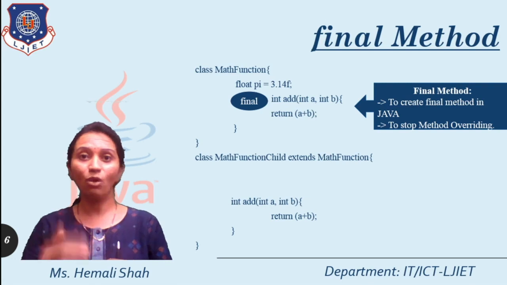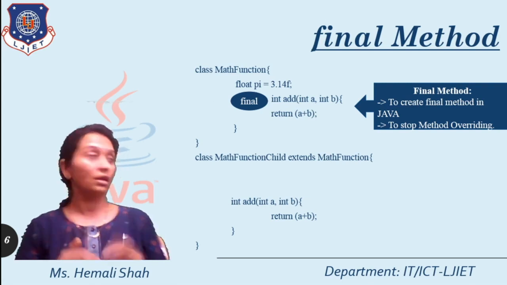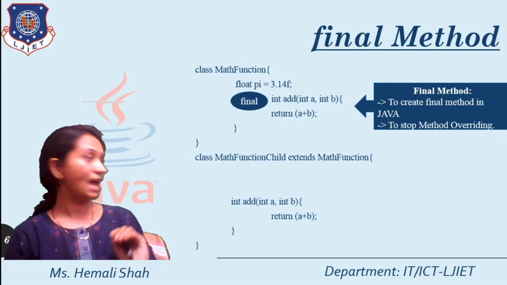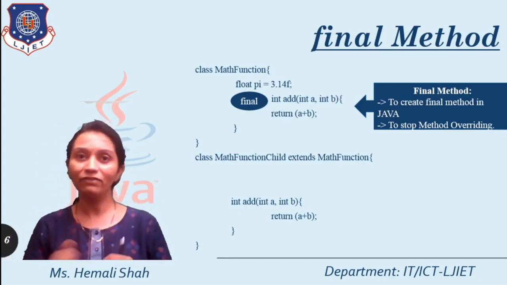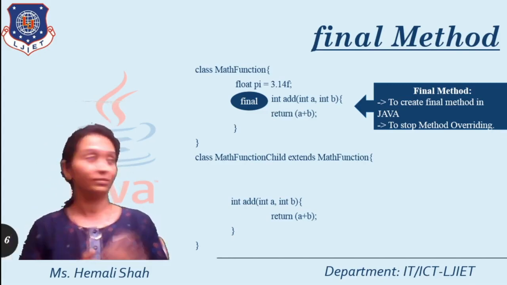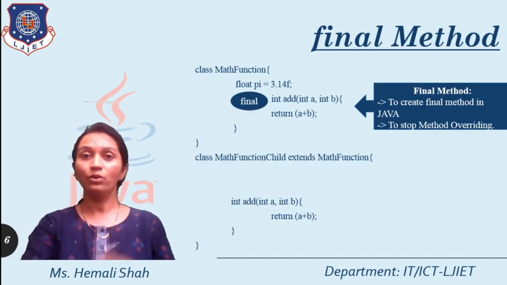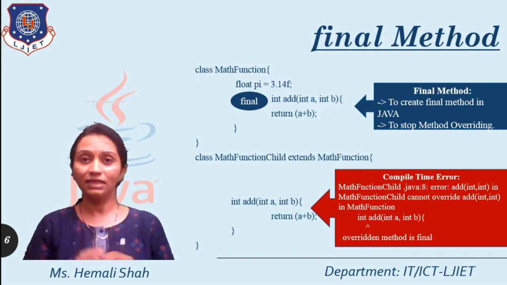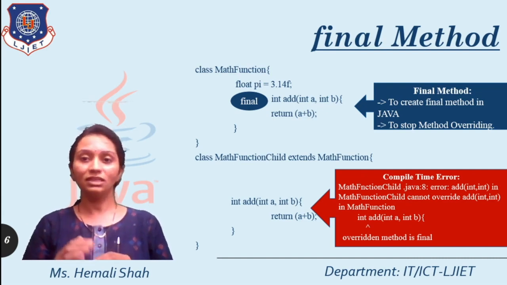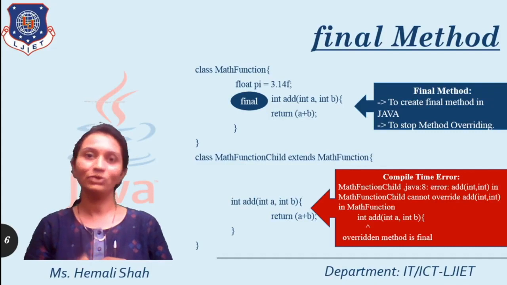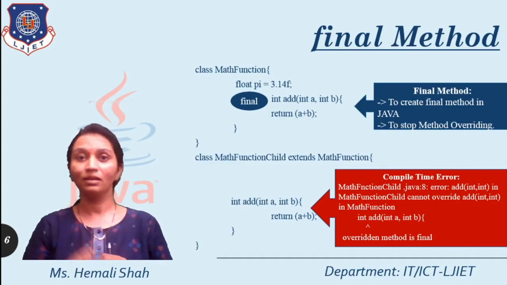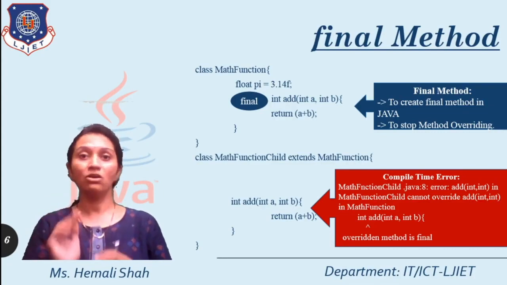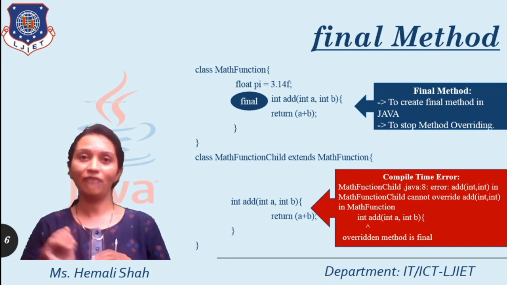Now try to override the function. In this class, I have overridden this add function. See here, right? Now, whenever you compile this code, you will get an error that the add function is declared as final. You cannot override this function. A final method cannot be overridden, and it points the cursor where the actual statement generates the error.